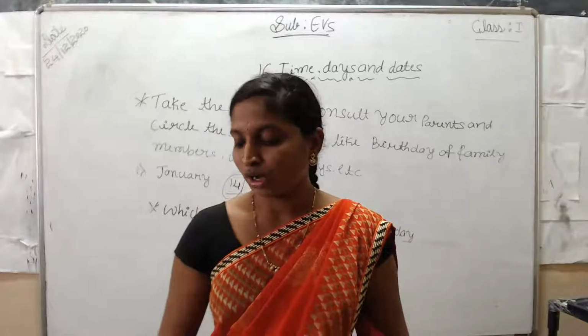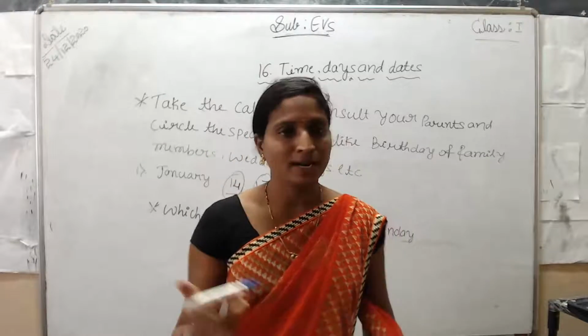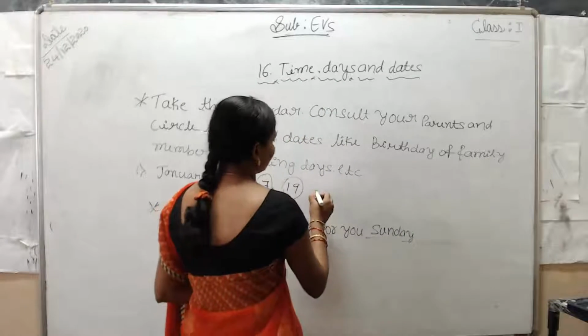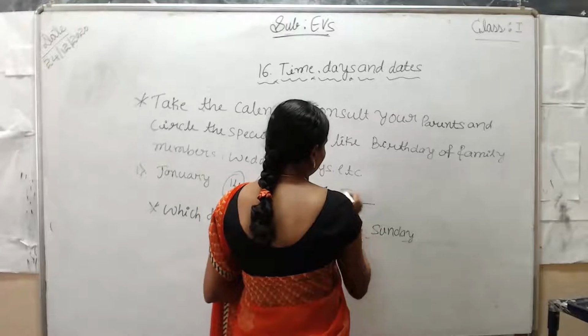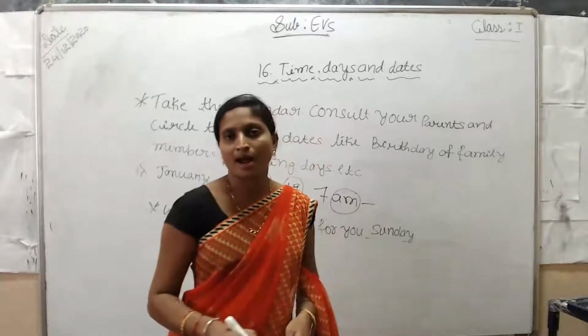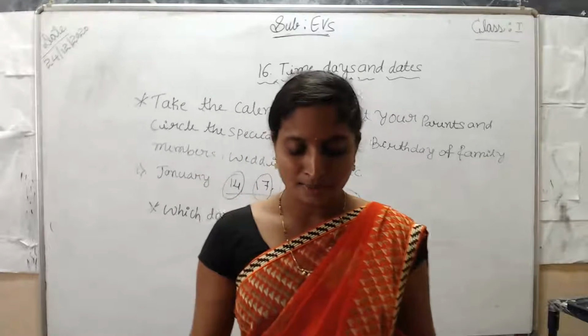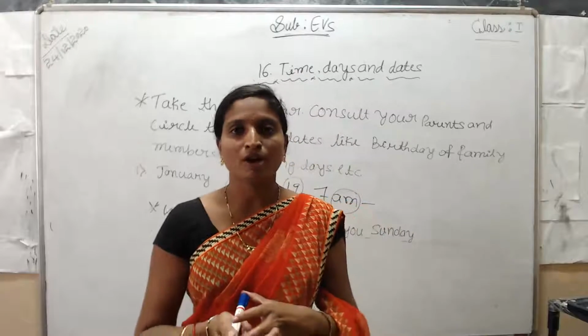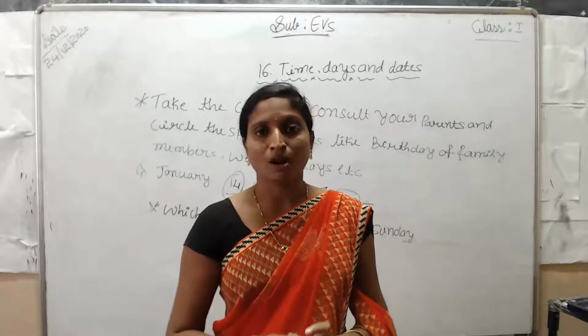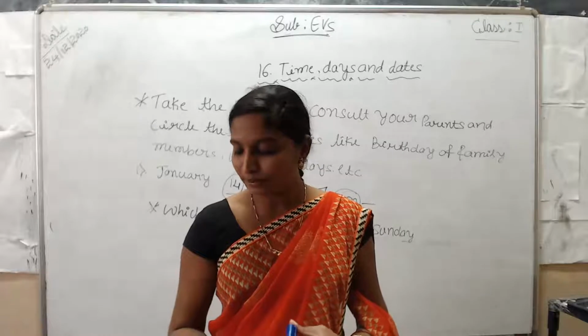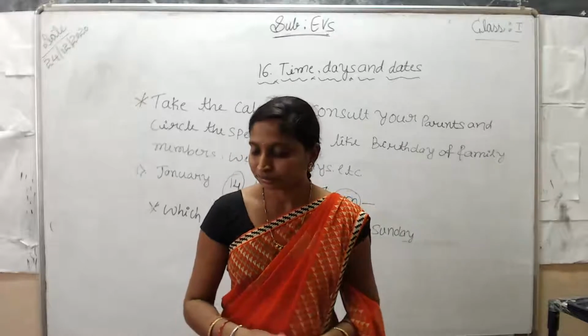For example, for morning you write 7 AM. After 12 o'clock we write PM. PM is post meridiem.